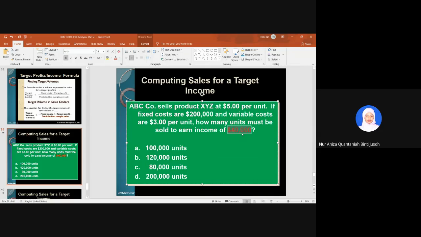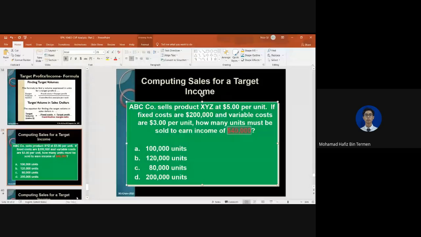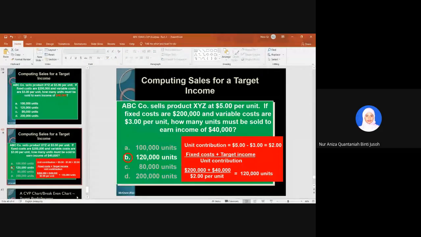So 240,000 divide by 2. What will be the units that must be sold? You akan dapat 120,000. So the application is the same, cuma dia tambah lagi satu elemen.